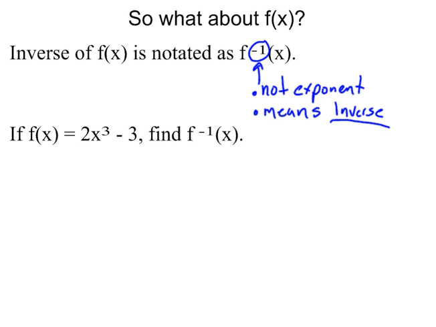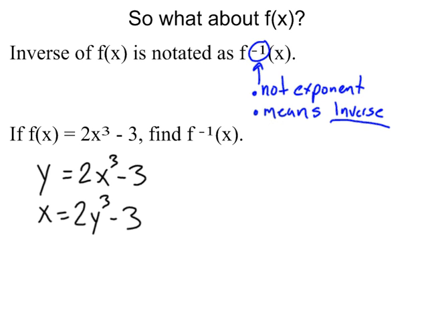So we need to actually substitute f of x with a y. Now this function has an x and a y that I can switch. And now I can start solving for y. Add 3 to both sides. Divide both sides by 2.